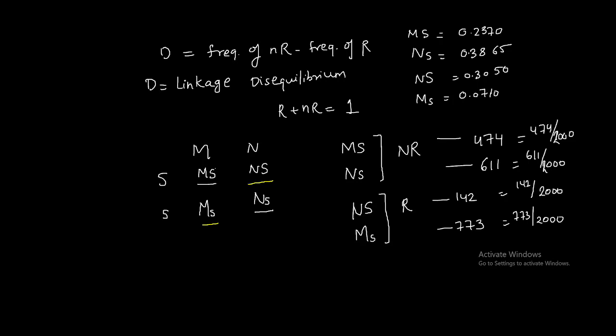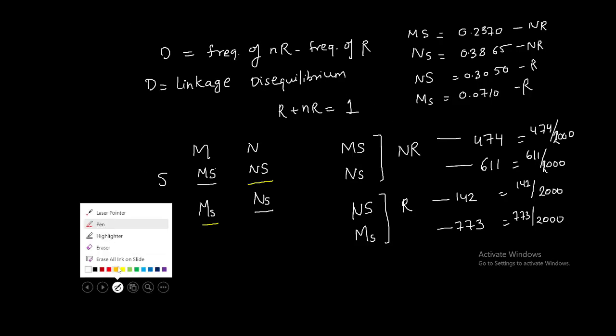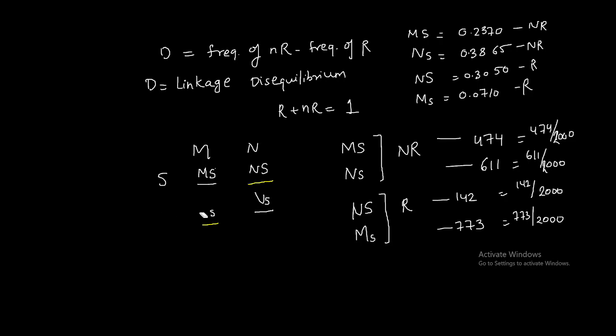So one thing which you need to understand: MS and NS, these are the non-recombinants. First of all, you need to find out which are the non-recombinants, and the others are going to be recombinants. Okay, now you can calculate the frequency or the linkage disequilibrium.